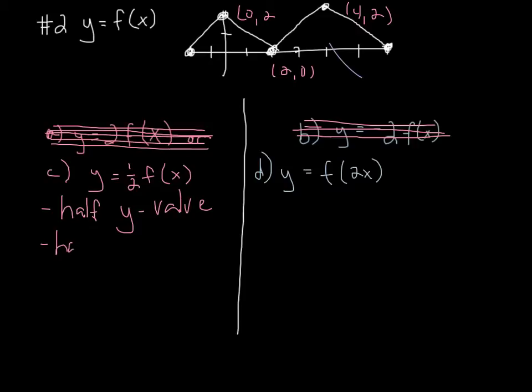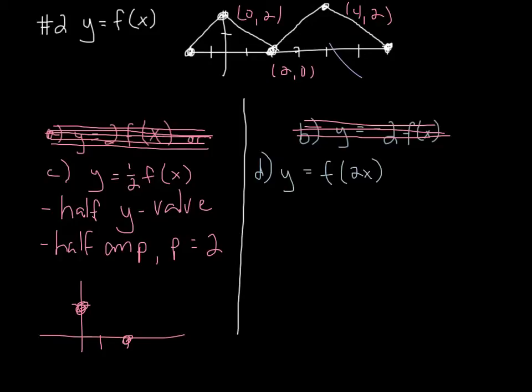So half of the amplitude, but the period hasn't changed. So instead of 0, 2, I'm at 0, 1. Instead of 2, 0, well, guess what? I'm still at 2, 0, because half of 0, last time I checked, is just 0.